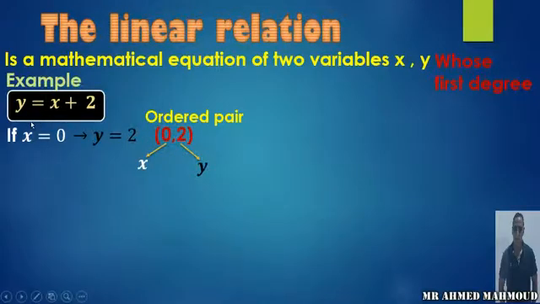Here we have a relation, a rule connecting x and y: y equals x plus 2. If x takes the value 0, then y takes the value 2 according to the relation, 0 plus 2 equals 2. We can represent these results inside a bracket like this, called an ordered pair.